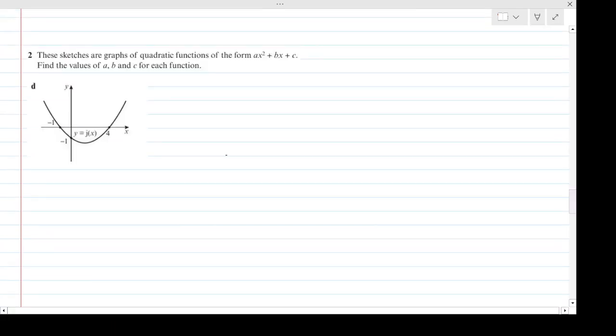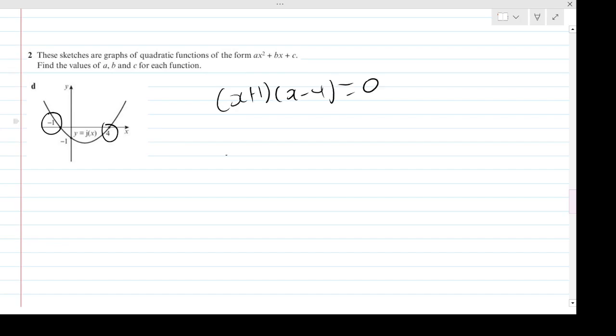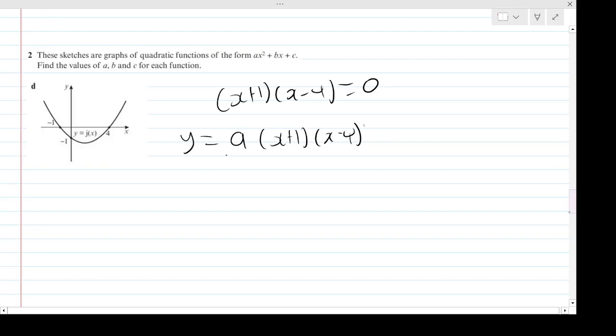Okay, and we can also work backwards, and when we're given a quadratic curve, we can find the quadratic equation, right? So here we've got the two roots at minus 1 and 4, so that means the factors are (x plus 1) and (x minus 4), set to 0, okay? So my curve y is going to be (x plus 1)(x minus 4), but we have to account for the fact that there could be a scale factor.